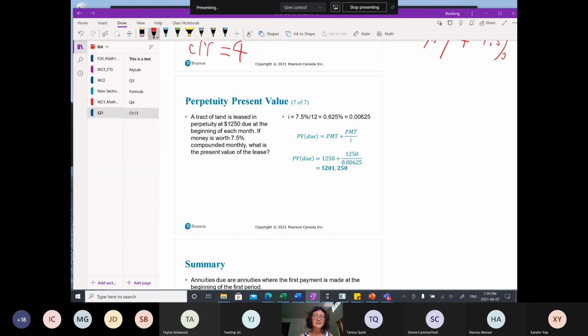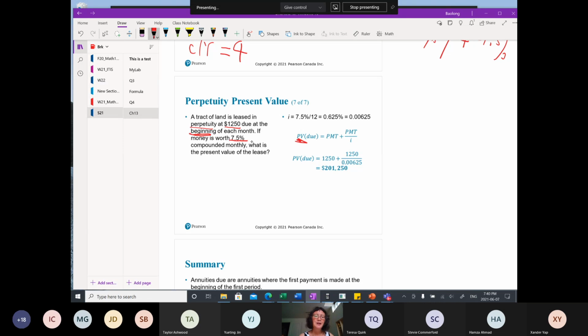A tract of land is leased in perpetuity at 1,250 due at the beginning of each month. If money is worth 7.5% compounded monthly, what is the present value of the lease? So the question asks you, what is the present value?